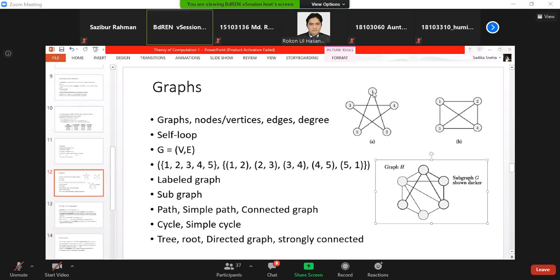Self loop is when one edge starts from one node and finishes at that node. It will be like an edge starting from C and finishing at C also. That means one edge is starting at one node and finishing at that same node.